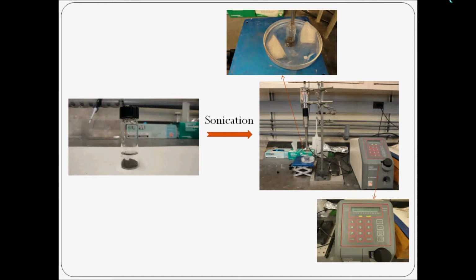When a sonicator is working, there will be a lot of energy generated at the tip of the horn, and this energy can be used to help the dispersion of the silver nanoparticles into the epoxy. I'll show you how it works.